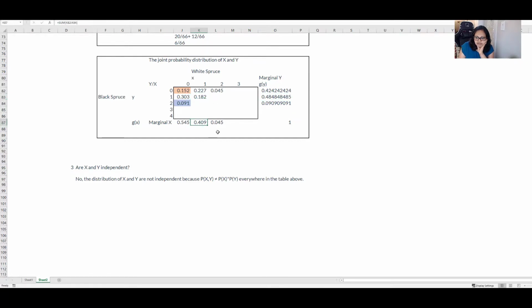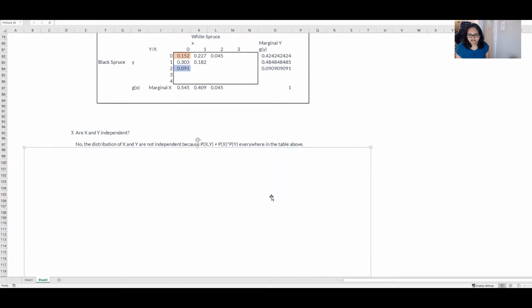If I multiply these two marginal values, it's not possible to get the joint probability. So that's the joint probability, and those are the marginal probabilities we have. In each of those values, if it's not possible, then we say that they are not independent. That means they are related.